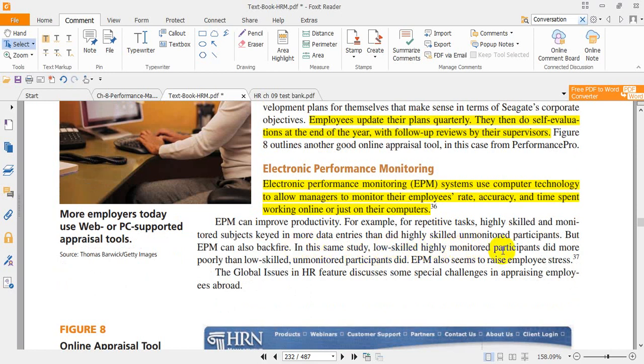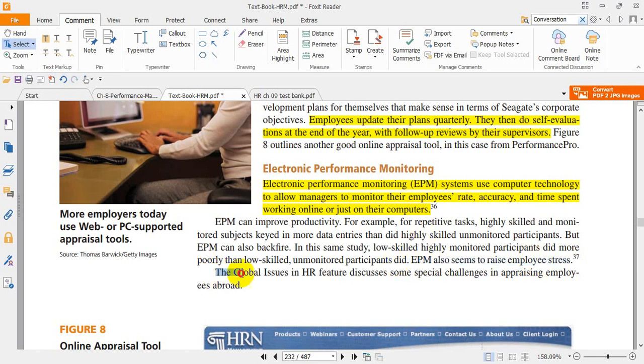Low skilled, highly monitored participants did more poorly than low skilled, unmonitored participants did. EPM also seems to raise employee stress.